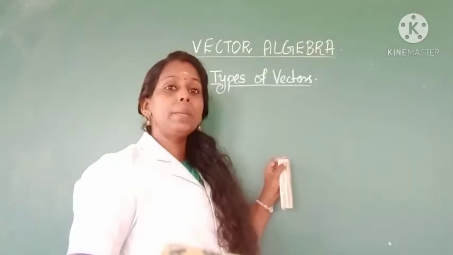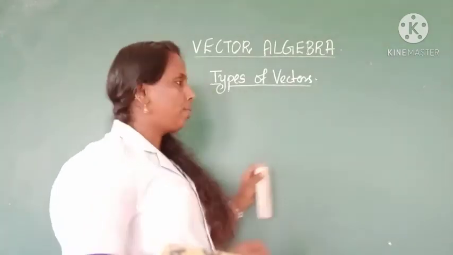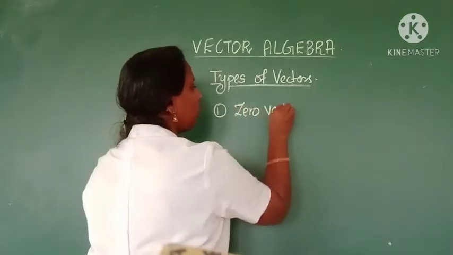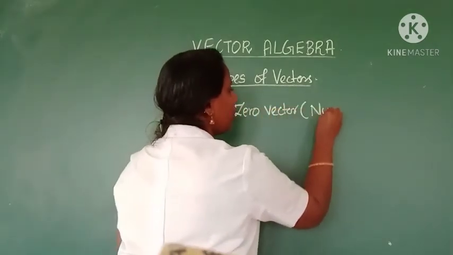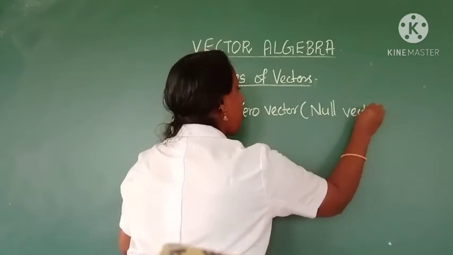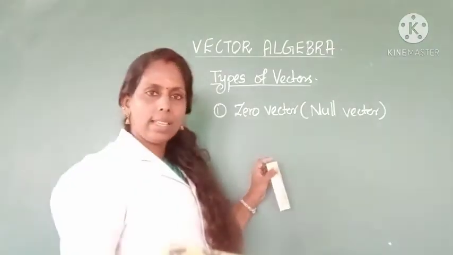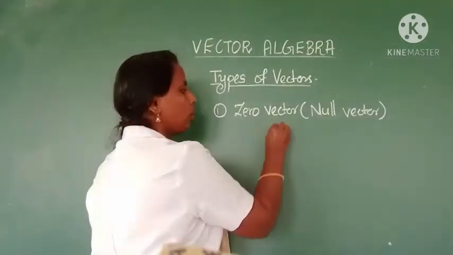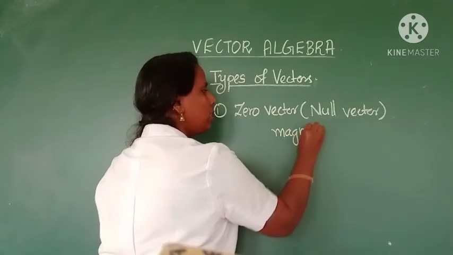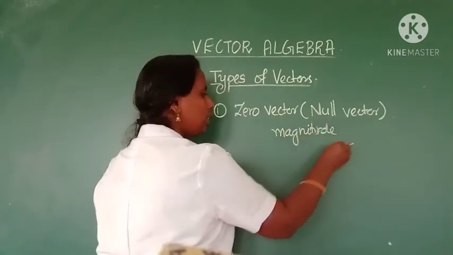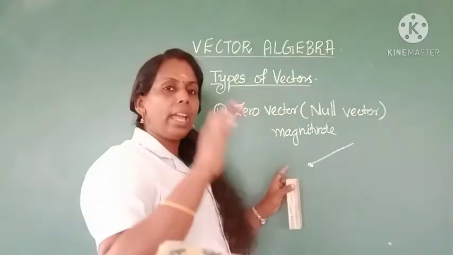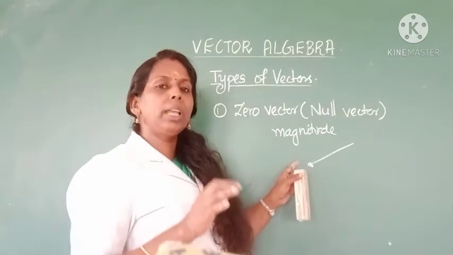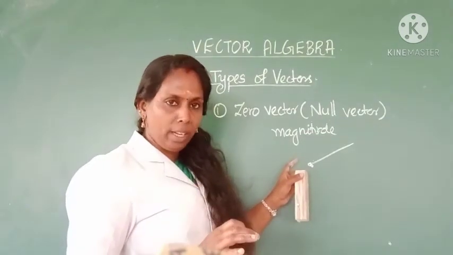Types of vectors. Let's see different types of vectors. First one, zero vector or null vector. A vector has magnitude as well as direction. If the magnitude is 0, the vector starts and ends at the same point, that is, the initial point and terminal point coincide.